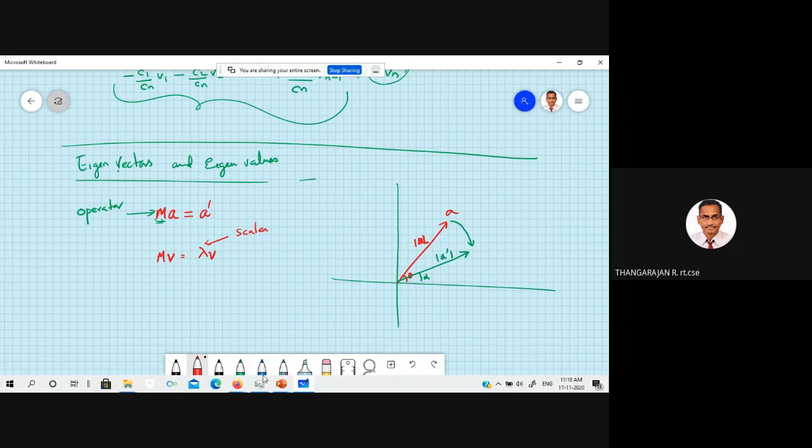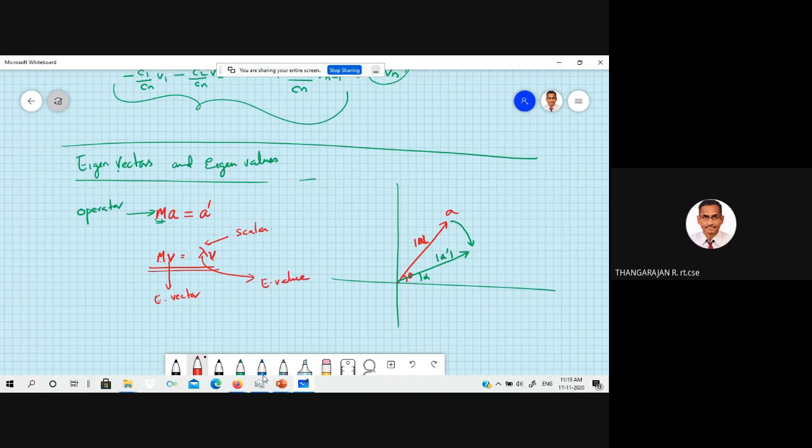So if this condition happens, when a vector is operated on by a matrix and as a result the vector remains unchanged in direction, and only multiplied by a scalar, we call such an operation an eigenpair. That means this vector is the eigenvector and this lambda is the eigenvalue.